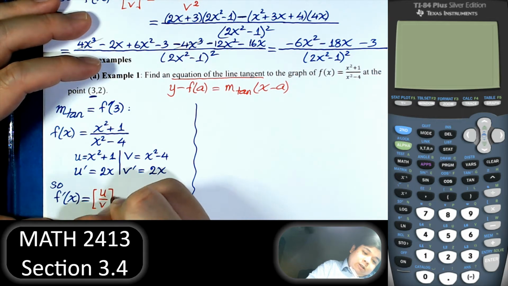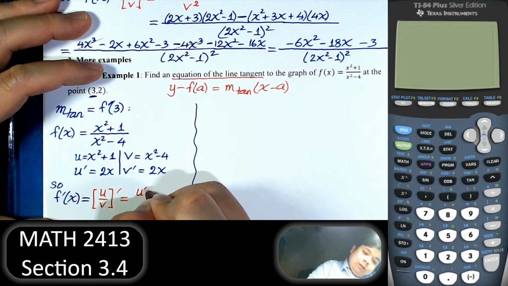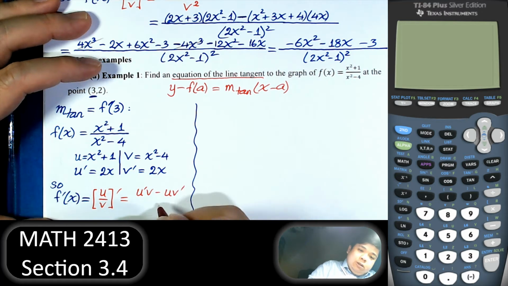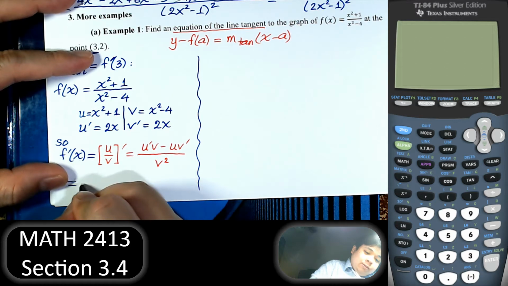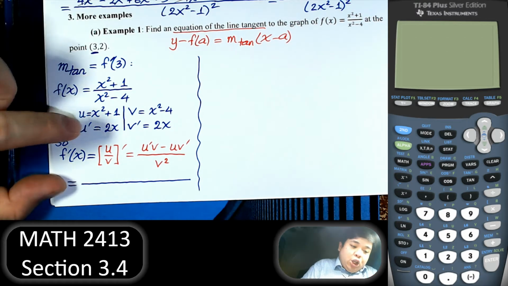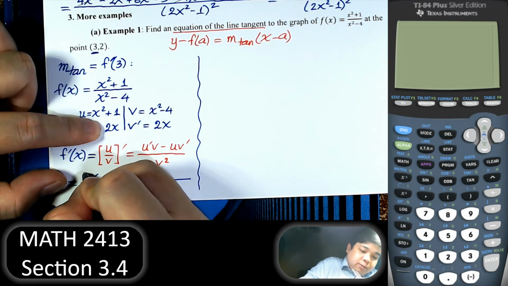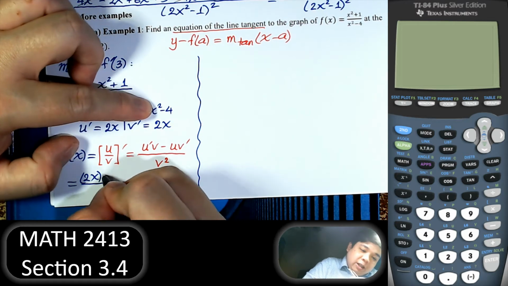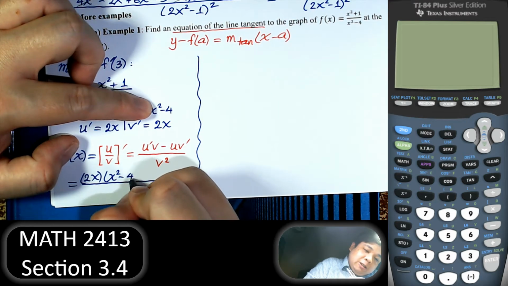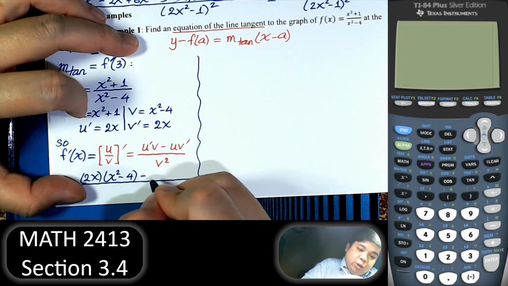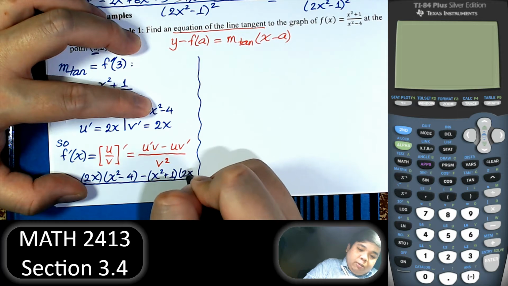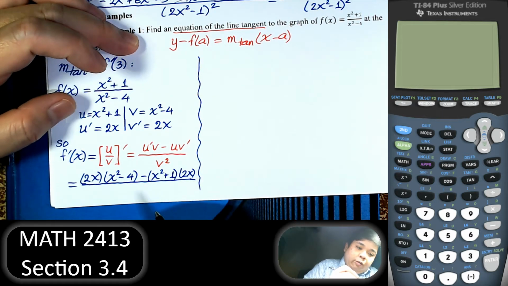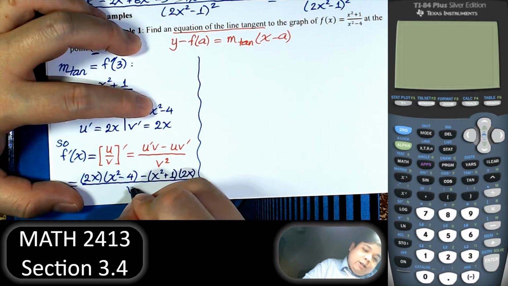Quotient rule: U prime V minus U V prime over V squared.